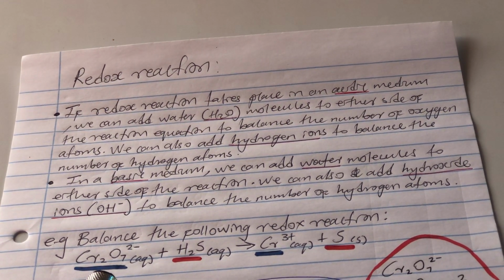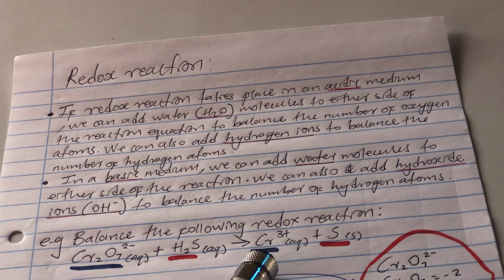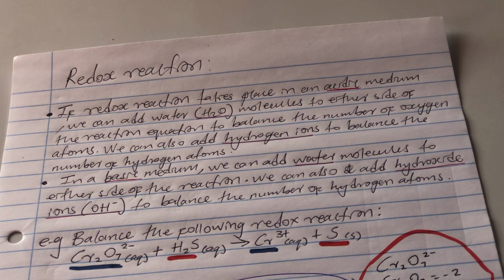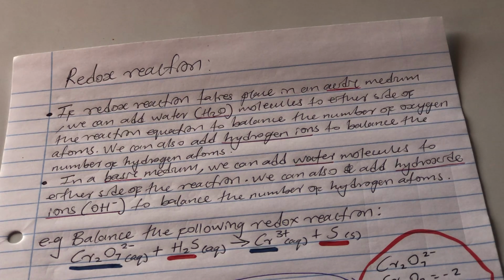Cr2O7 2 minus and Cr3 plus. So let's check what had happened, because we have to tell which one is an oxidation half reaction and which one is a reduction half reaction. Let's look at what happened here.